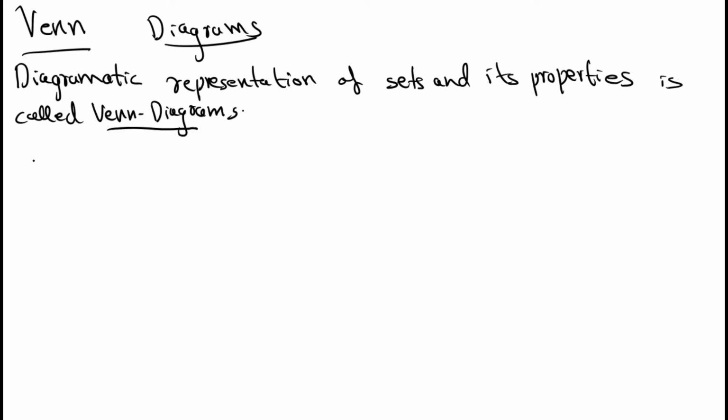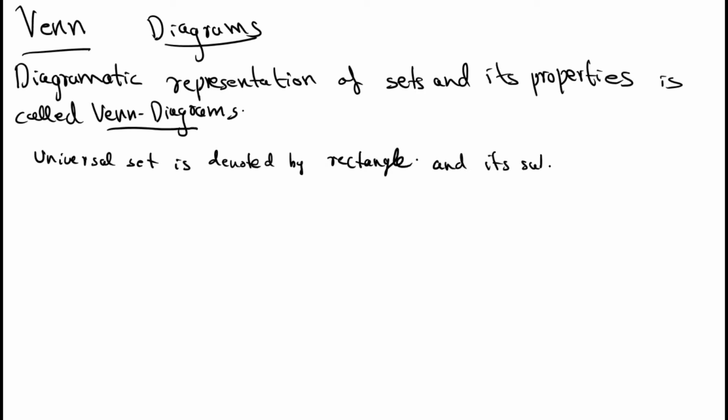Okay, usually in a Venn diagram, the universal set is denoted by a rectangle. The universal set is represented as a rectangle and its subsets are denoted by circles.